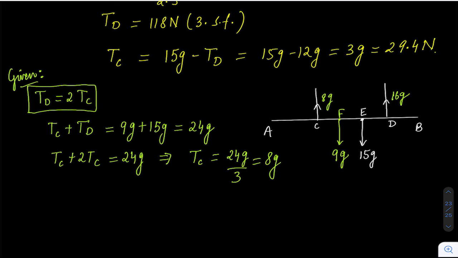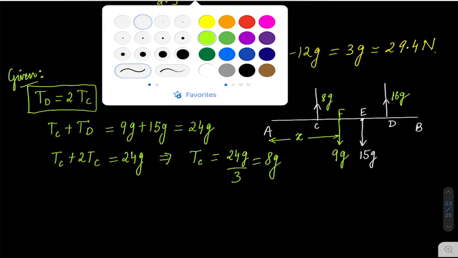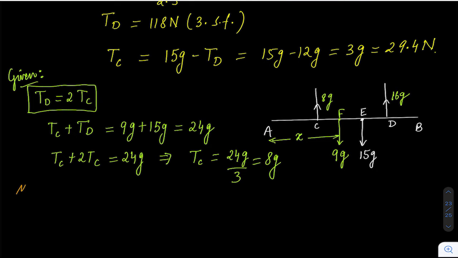Now next, we need to find this point F, the distance AF, right? So let's take the moment about point A, because the net moment about any point will be 0. So when you take moment about A, let's first take 8G.